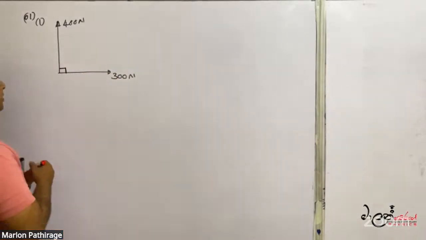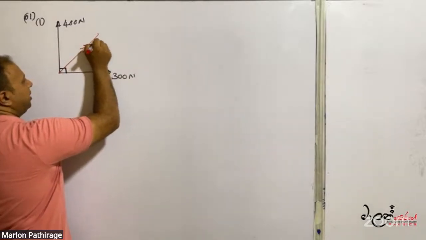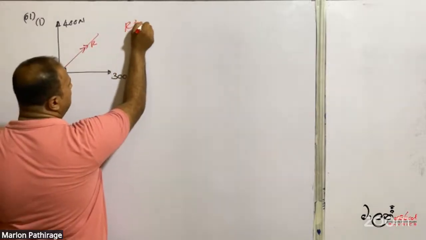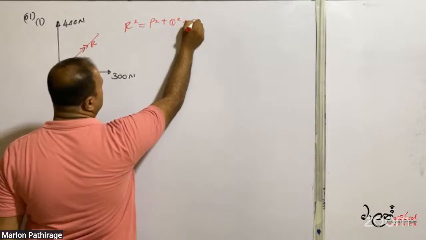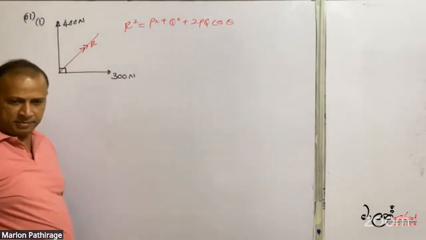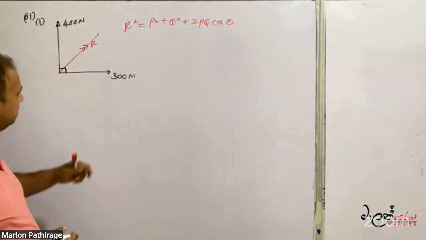So the resultant vector is like this. Therefore, R squared is equal to P squared plus Q squared plus 2PQ cos theta. Now you can apply the values here.